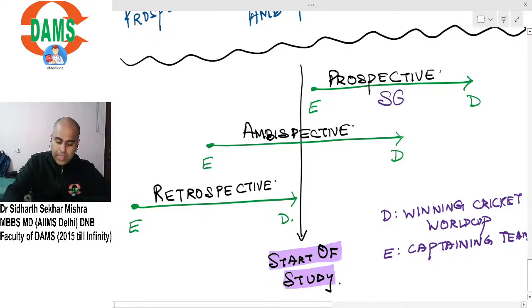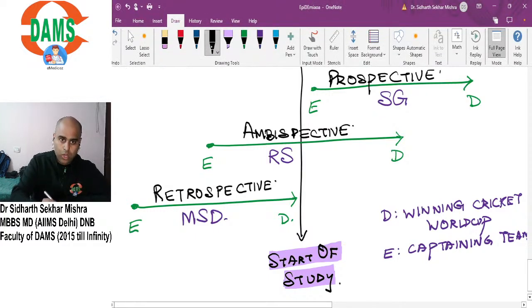So Shubman Gill will be the example of a prospective cohort. Rohit Sharma, ambispective cohort, already has been declared the captain but has not yet won the World Cup. Retrospective, Thalaiva, MSD, yes. So this becomes a retrospective cohort.